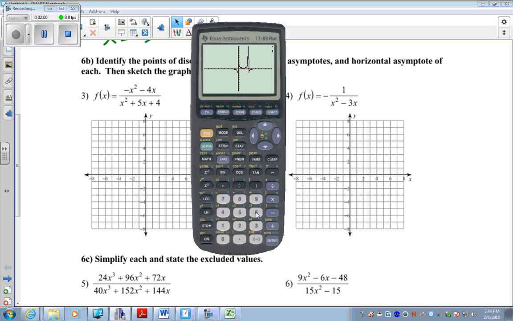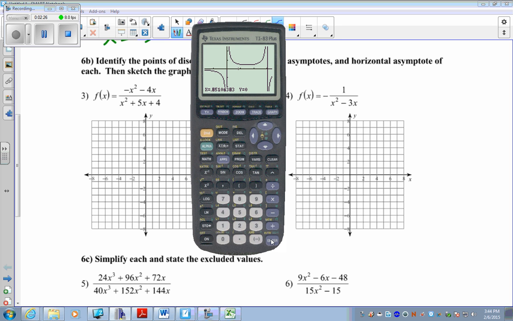Not a whole lot, but let's go to the table. Error at 0 and 3. So 0 and 3, look back at the graph. At 0, at 3 I can see a vertical asymptote at 0. Not really sure, so let's zoom in. And I can see a vertical asymptote at 0 and 3.